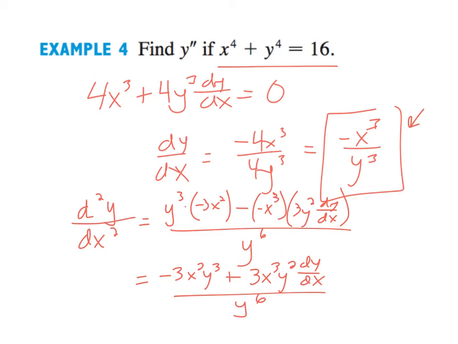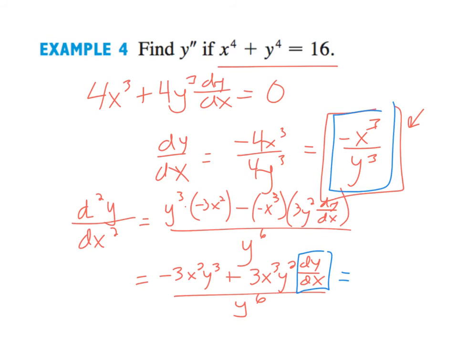Notice our second derivative involves dy dx as well, the first derivative. And we actually have something for dy dx. We already solved for that. That's negative x cubed over y cubed. So with these second derivative ones, anytime you're finding the second derivative, you're always subbing in the first derivative wherever that might be.